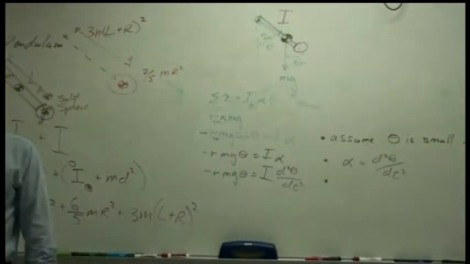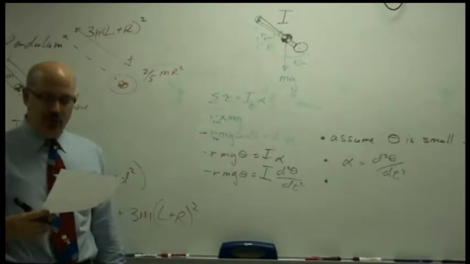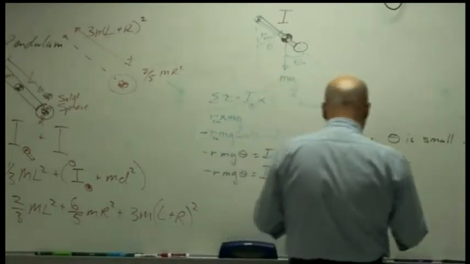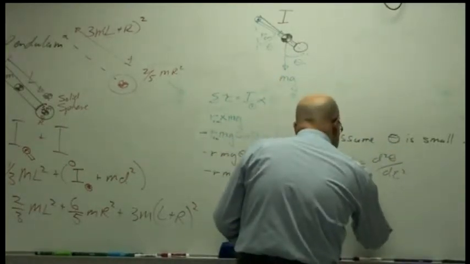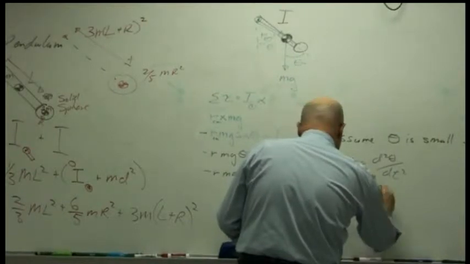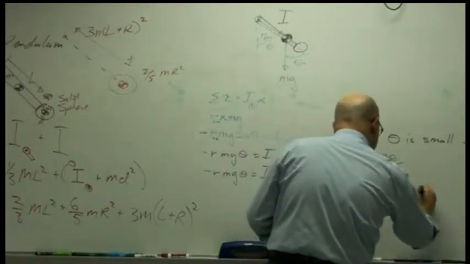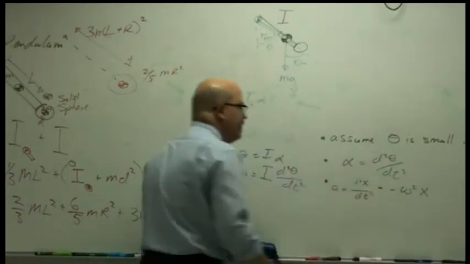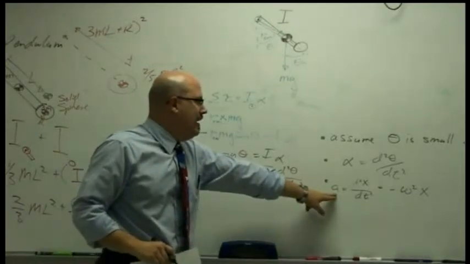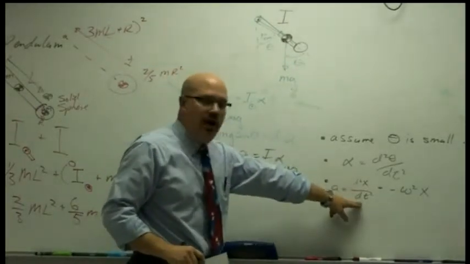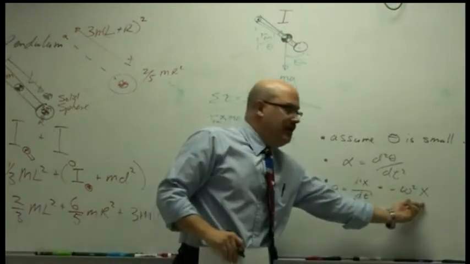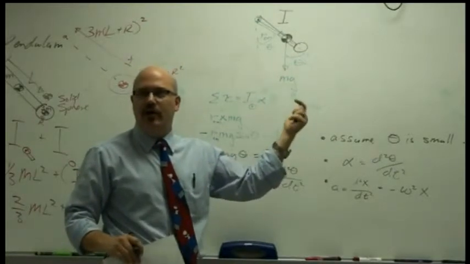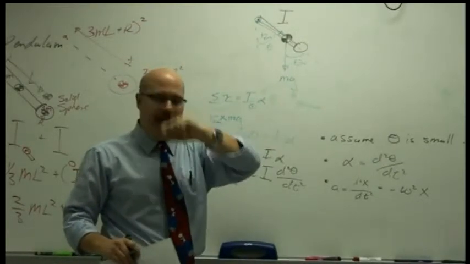All right, next thing to remember is, do you remember when we had simple harmonic motion, when d squared x over dt squared equaled negative omega squared x? We had acceleration equals the second derivative of displacement, and that equaled negative A omega squared cosine omega t, right?